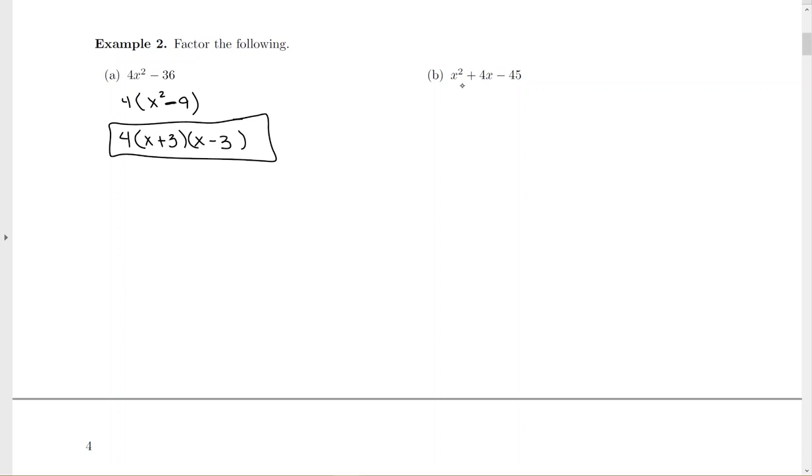All right. Out of the letter B, there is no common term to factor out. So we're going to just jump right into reverse FOIL method. X times x gives me the x squared. And then I look to see what multiplies to negative 45 first, and then hopefully we'll add to the number 4 in the middle.